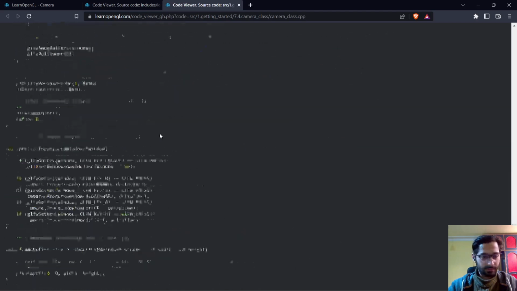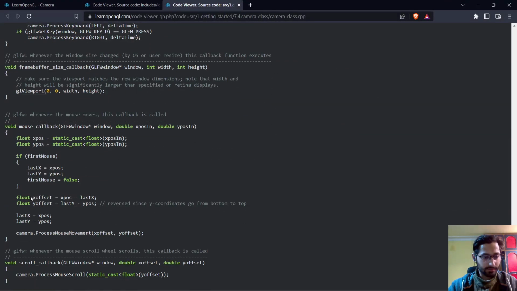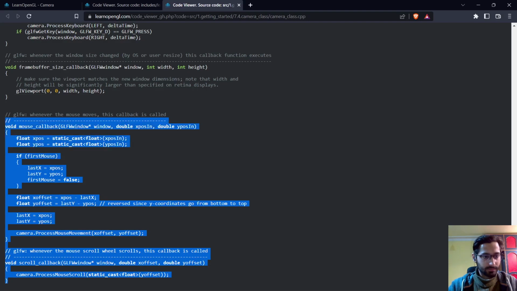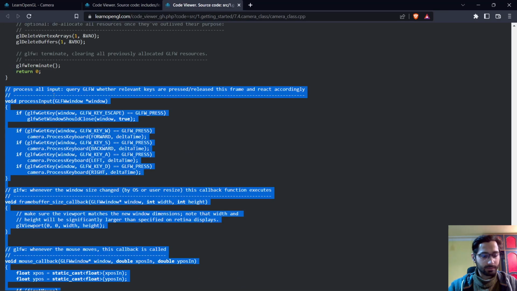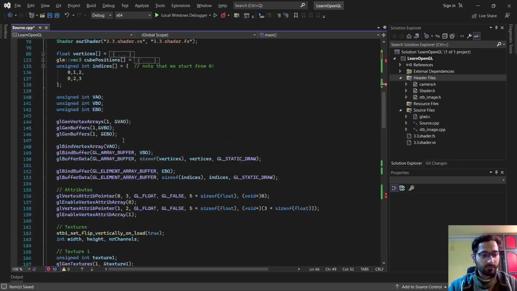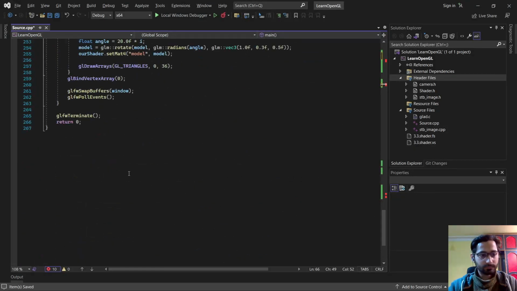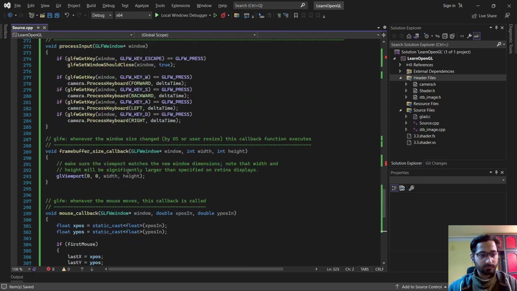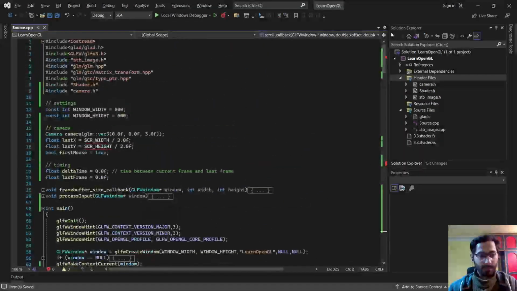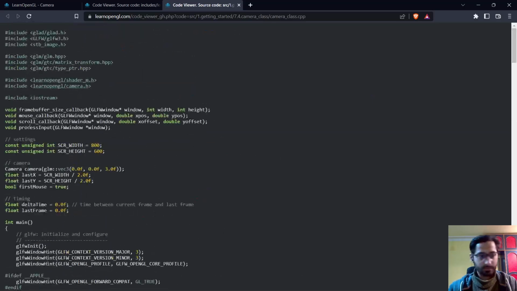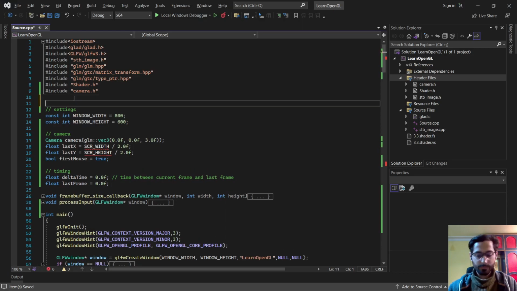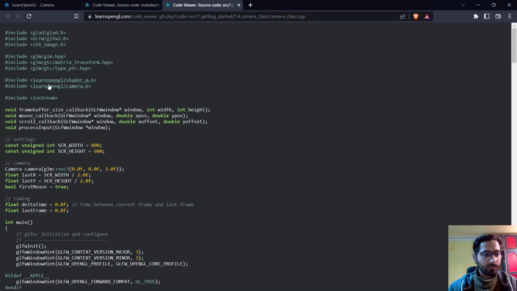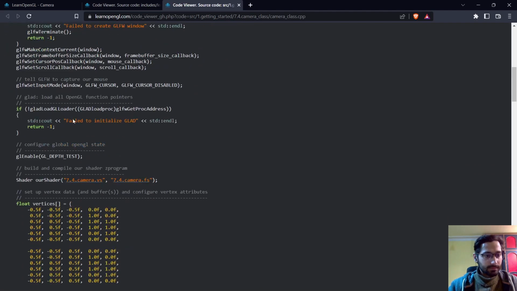It's probably defining it down here somewhere. Yep, it's defining it down here. That's fine. Frame size callback. We can do the same. Let's put all of this at the bottom. And then just put the signatures up here.